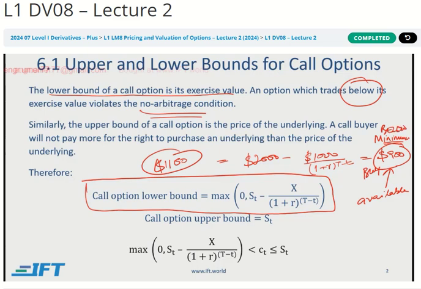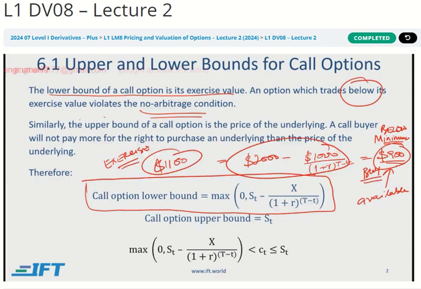And if the option is trading below the minimum value, immediately people will buy it and exercise the option, and this will create an arbitrage condition, right? So this is basically the lower bound.